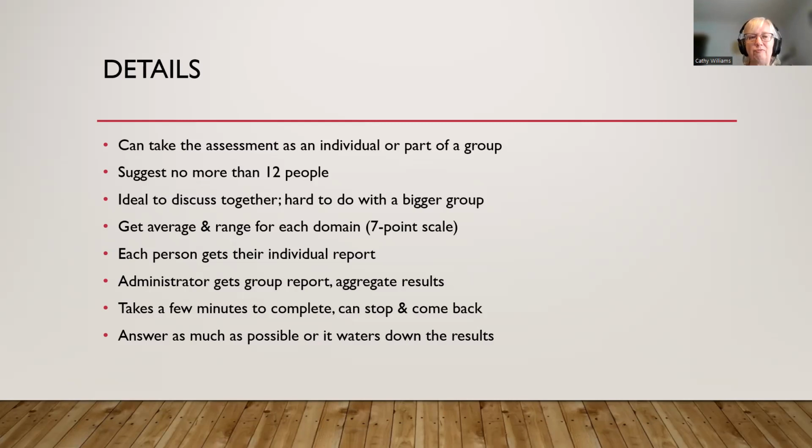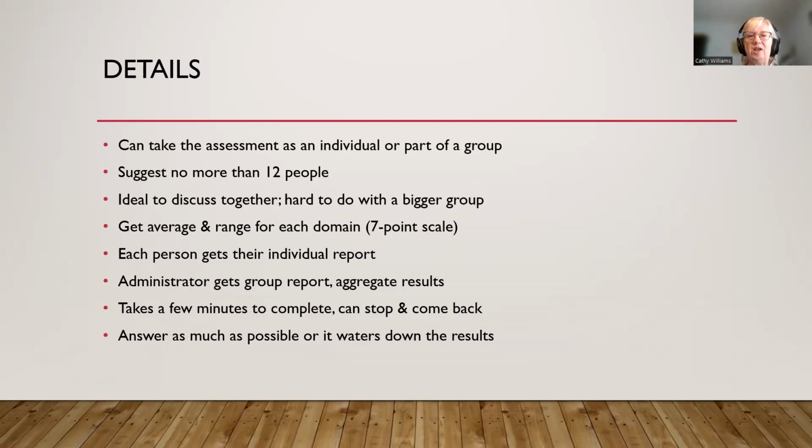It gives you an average and a range for each of the domains, and it's a 7-point scale from 1 to 7. If you scored a 1 on a particular domain, you're not doing that so much at all. If you scored a 7, you're rocking and rolling on that. And then it gives you the range.